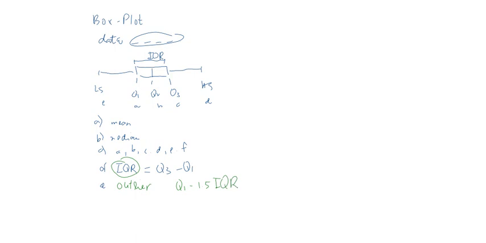So IQR times 1.5, subtract it from Q sub 1. If it falls outside the lowest score, then that's an outlier. But everything between here, if it's still reachable here, then they are not outliers. Now for the other part, that will be above Q3, Q3 plus 1.5 IQR. So let's say this is 20, and after computing this, you were able to find your answer 17. Here 17. So that means it's not yet an outlier.